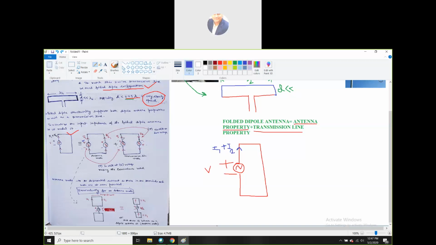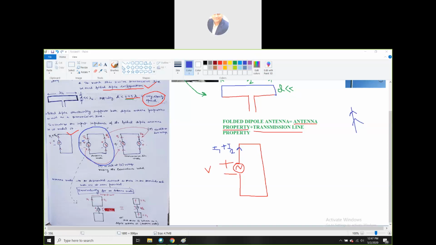If you remember the dipole antenna, I'm sure you remember that both the currents were in phase, in the same direction. So therefore, any confusion?